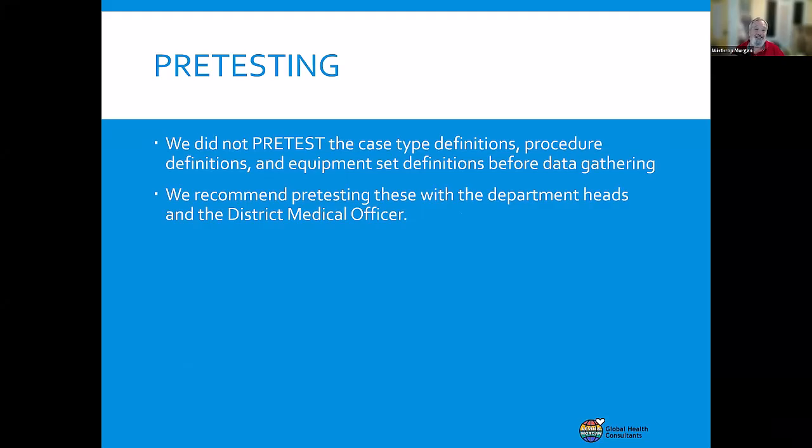One of the things I can tell you, we didn't pre-test the case type definitions or the procedure definitions or the equipment set definitions before we started data gathering. And if we had it all to do over again, we would pre-test the case type definitions. As you know, there were case types of under 5 years old and over 5 years old.